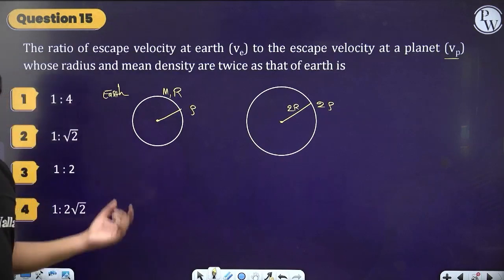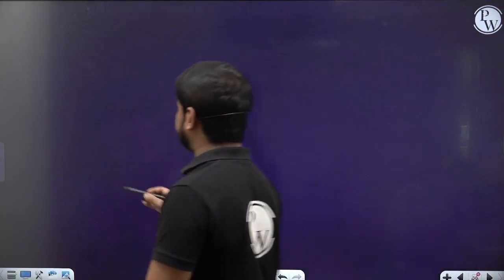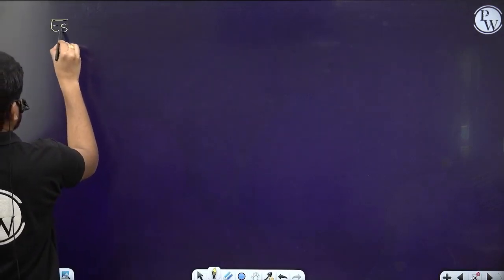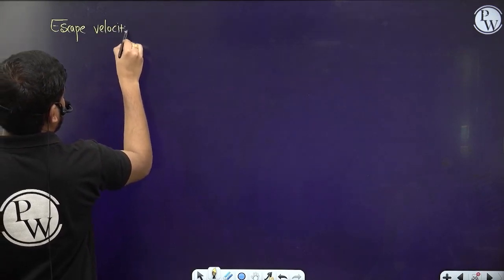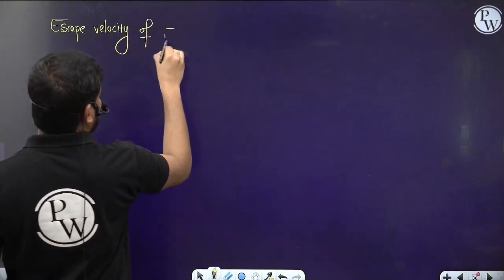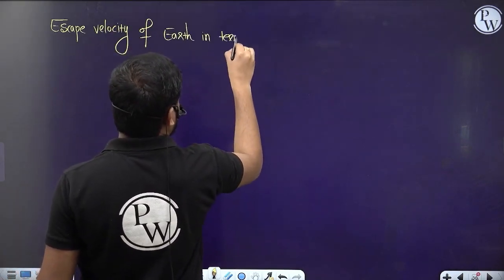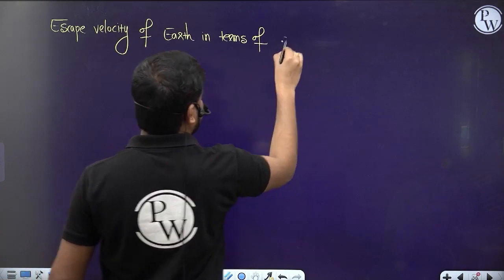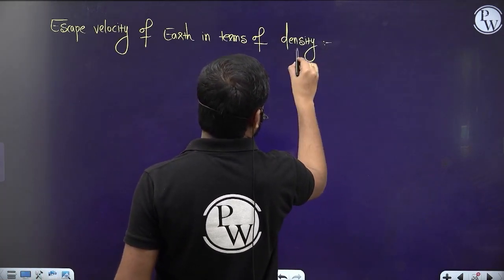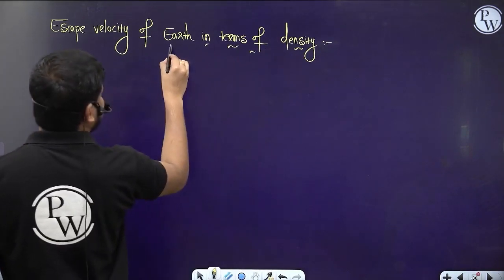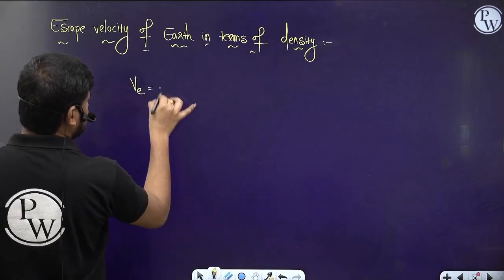First, let's write the escape velocity formula in terms of density. The escape velocity formula is VE equals root over 2GM by r.